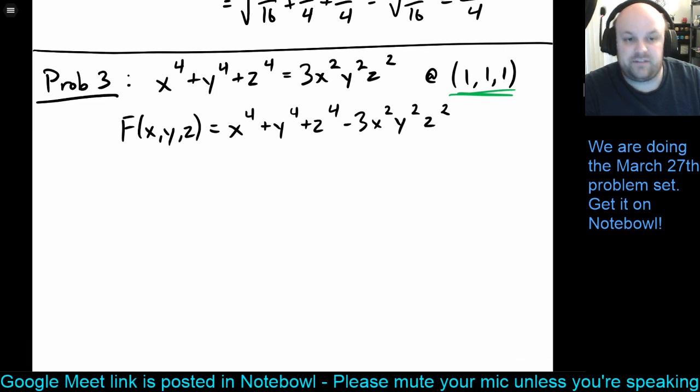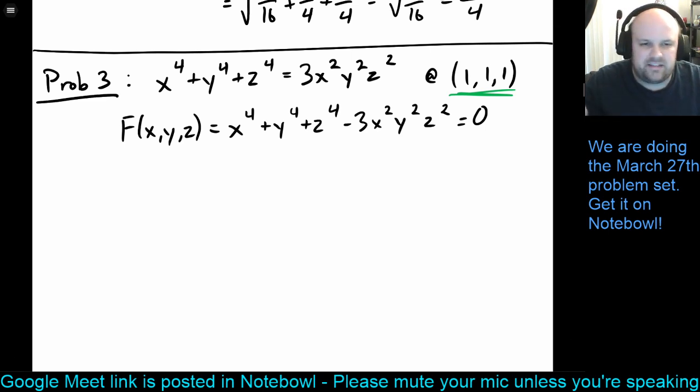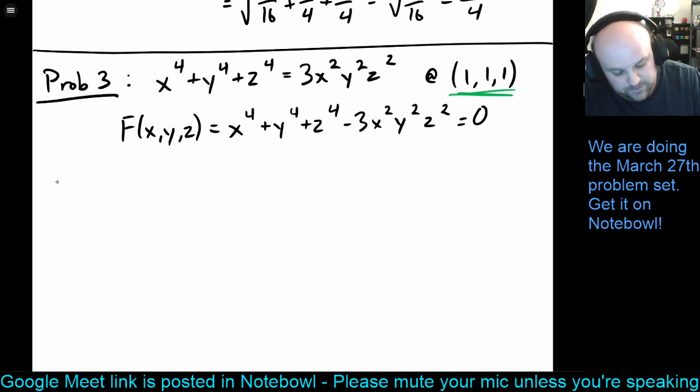Right? And the specific level surface we're interested in is when this equals 0. Now that number that equals 0 isn't something that's going to factor into our computation here, but nonetheless, it is the specific surface that we're looking at, right?